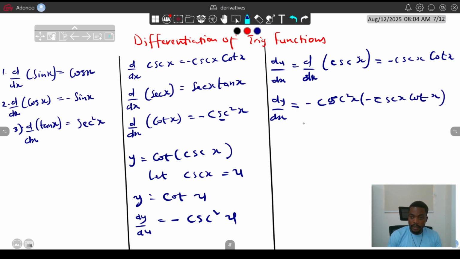This in turn gives us cosec x cot x times cosec squared, with cosec x inside, because u is cosec x. So we have cosec x here.